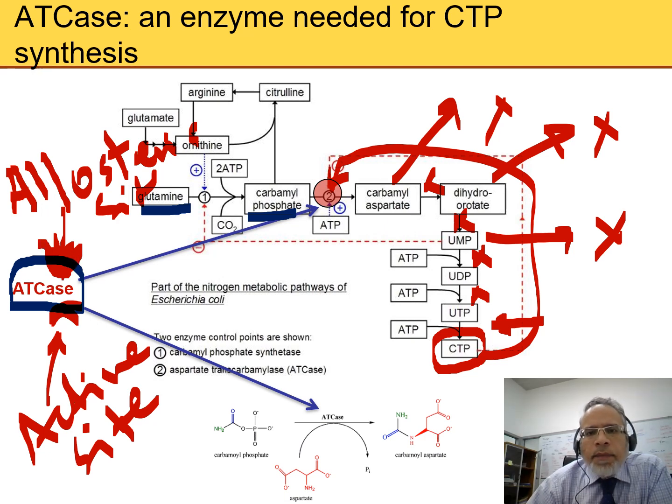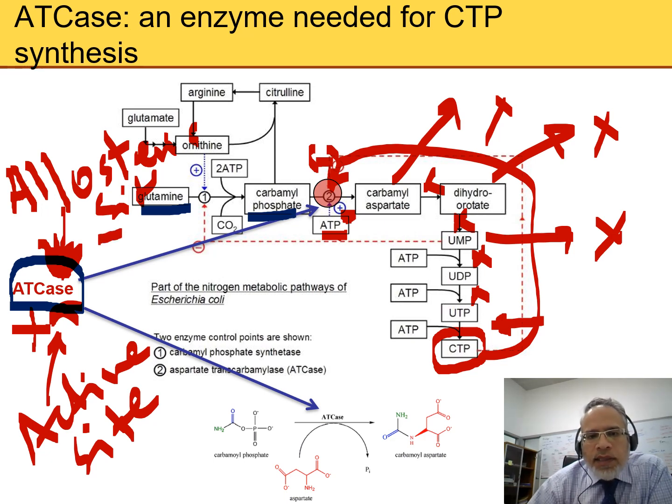So based on this, we can see there's a negative sign here. If you look closely, there's a negative sign here. So CTP is a feedback inhibitor. In this case, we see a positive sign here. So ATP in this case is a positive allosteric activator. So this enzyme ATCase is activated by ATP and inhibited by CTP.